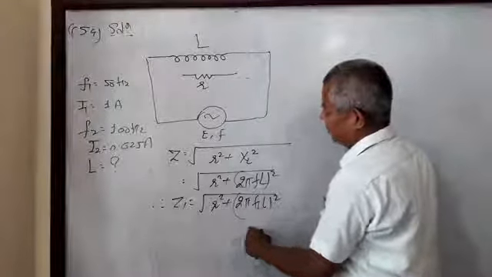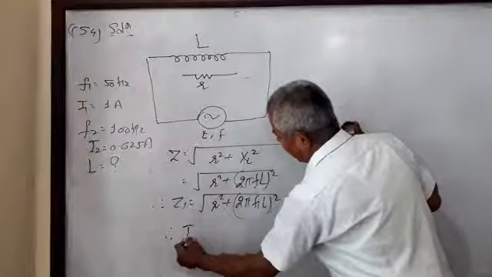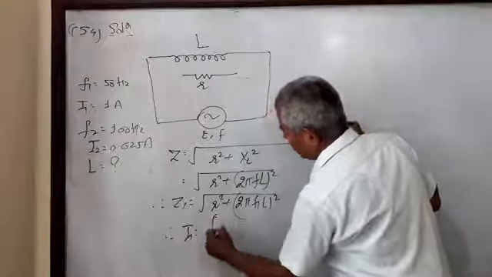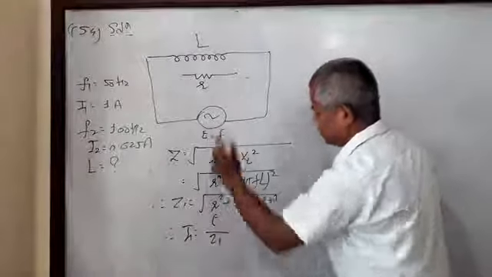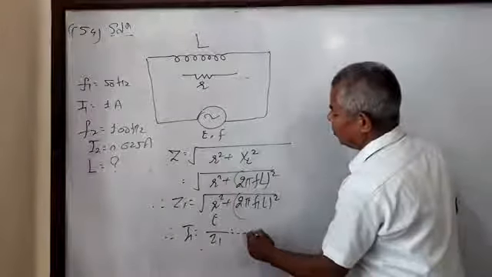Frequency is F1, then I1 is equal to E by Z1. E is fixed. From here we get the first equation.